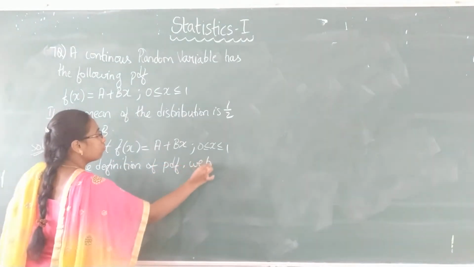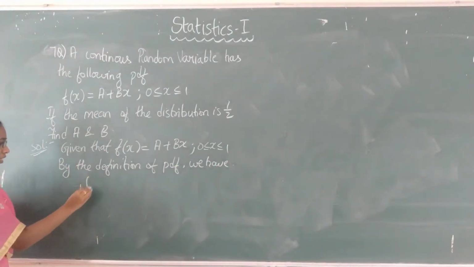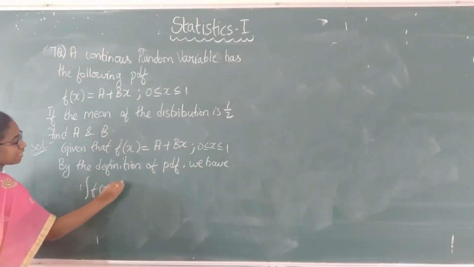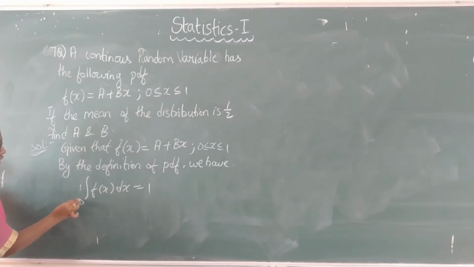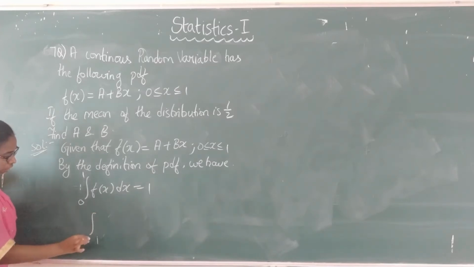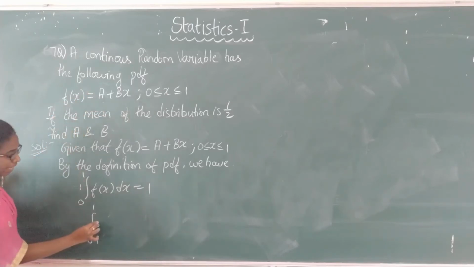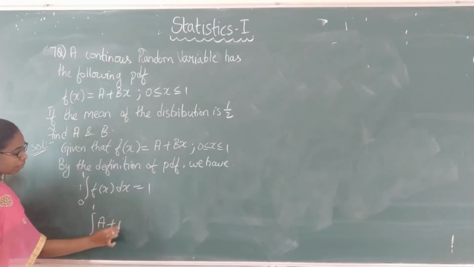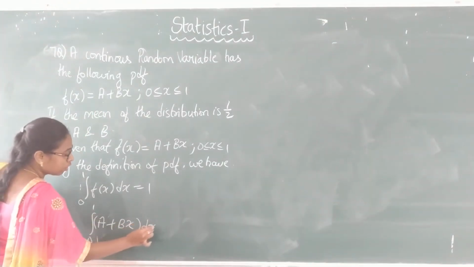According to the definition of PDF, integral f of x dx equals 1. Here the limits are from 0 to 1 itself. Now substitute the f of x value: integral over 0 to 1, f of x is a plus bx, so integral of (a plus bx) dx equals 1.